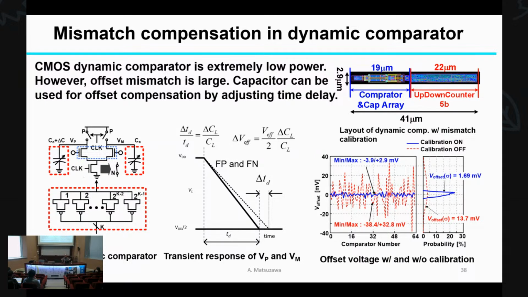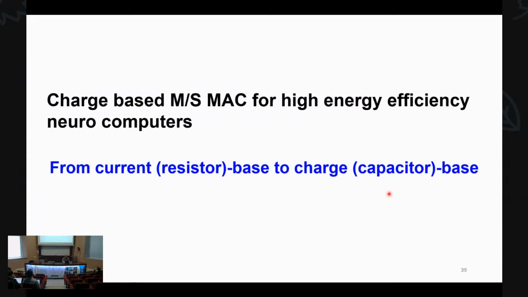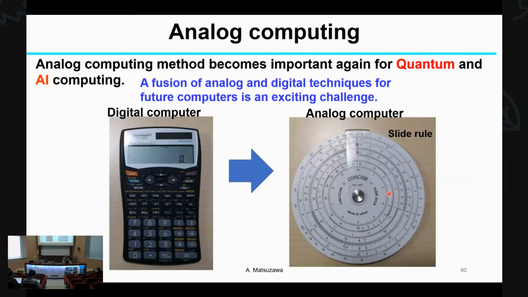Even with a large mismatch transistor, this method works. Now the age is moving from the digital computer to other computers such as AI or quantum computers.